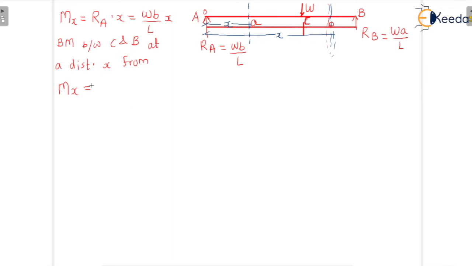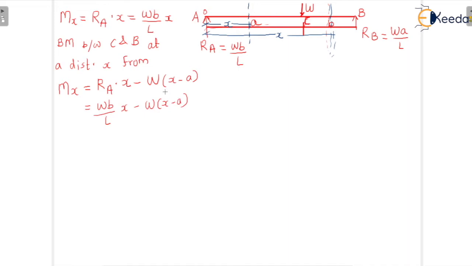So RA into x minus W into, now this is x, and this distance is a, the distance where the load is acting from support A. So we can write minus W into x minus a. RA we can write as W b by L into x, minus W into x minus a.